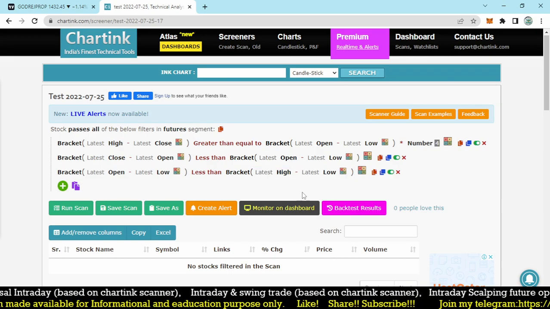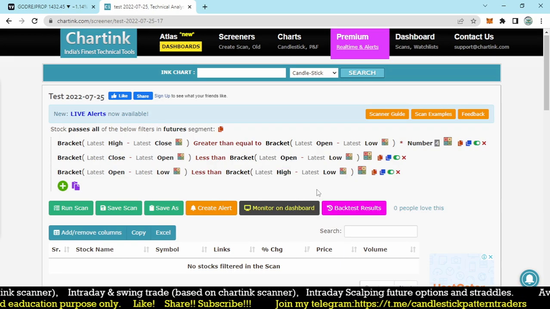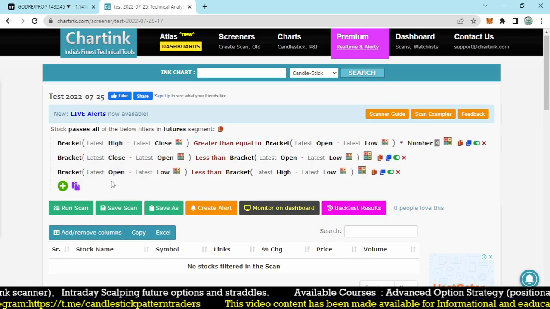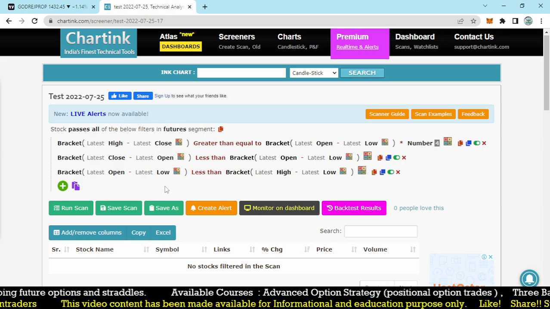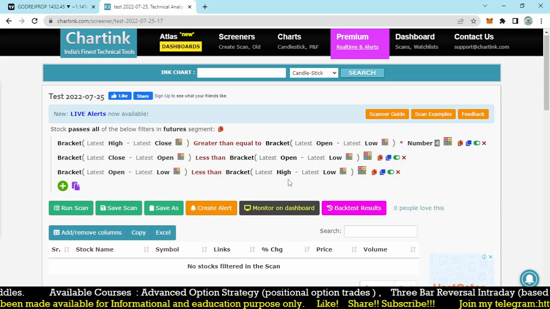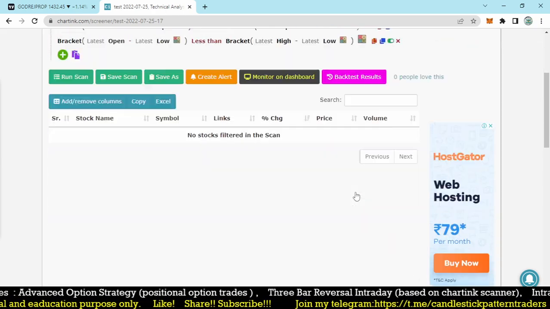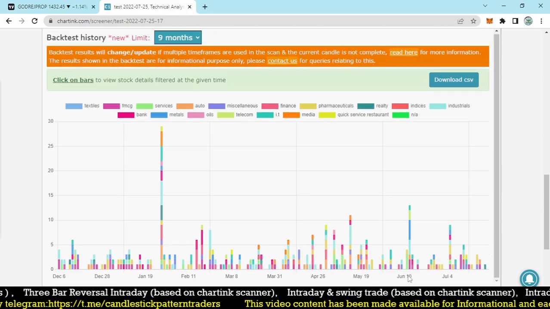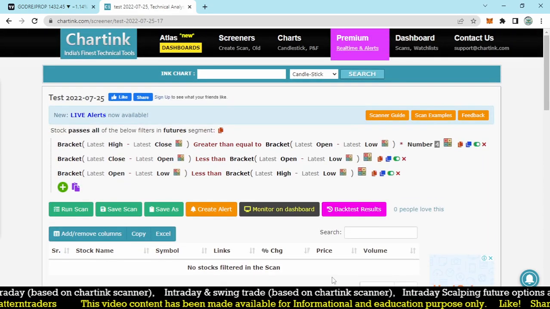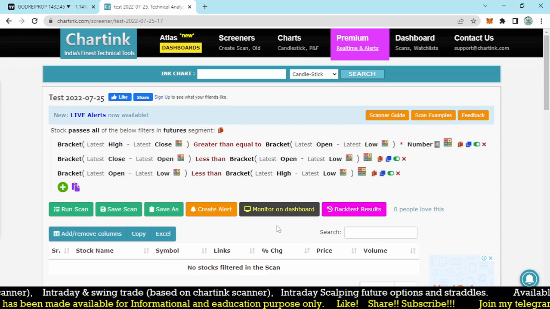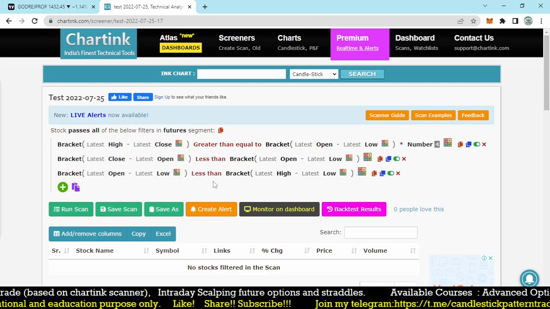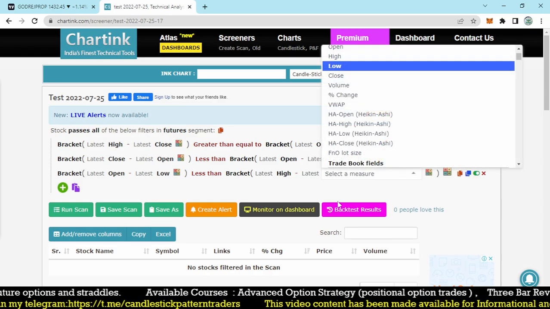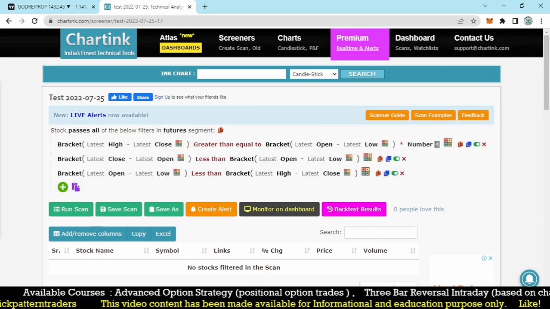Let's check. This will tell you from the top to bottom, we are talking about open close, and here we are talking about open low, which must be less than the high minus low. Let me try it out, how many stocks we filter out by these conditions. So many stocks. Again the same, we are finding open minus low less than the bracket high minus close, not low. Yeah, so high minus close.